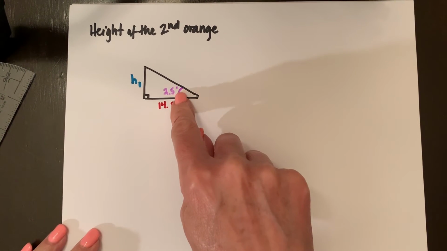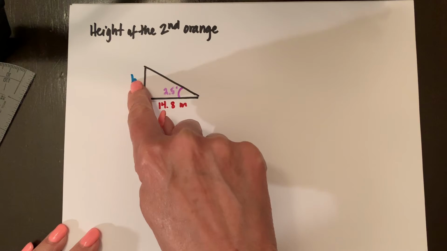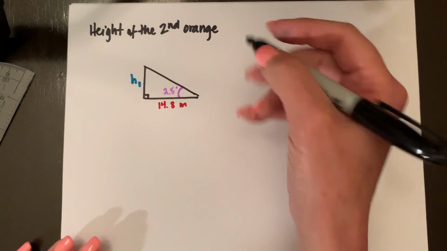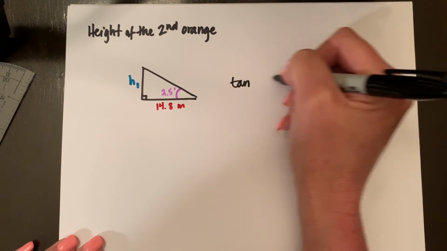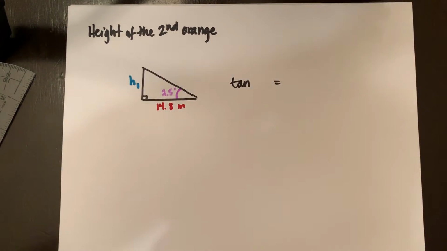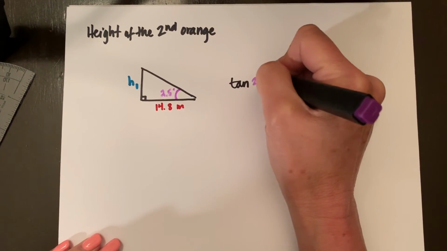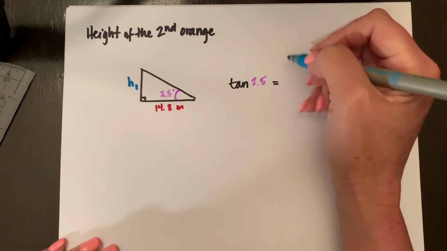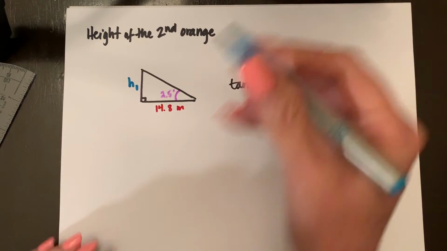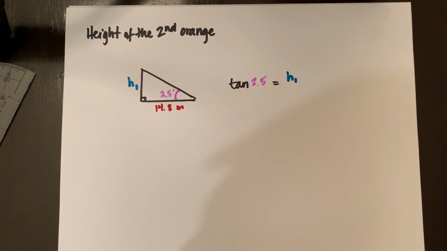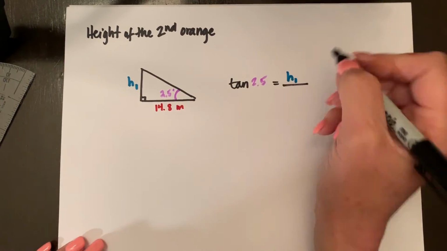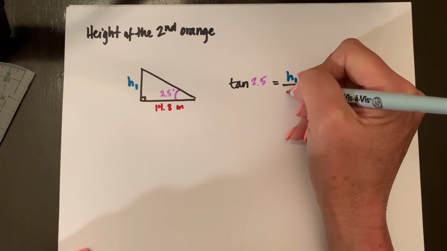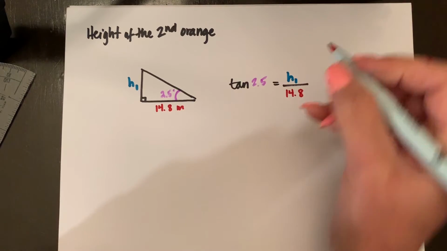So we still have that relationship to our angle. We have the opposite over the adjacent. So using the tangent function, the tangent of our angle, which is 2.5 degrees, is going to be equal to the ratio of the length of the opposite leg, which was our height of our right triangle, to the length of the adjacent leg, which was the distance away that I was standing.